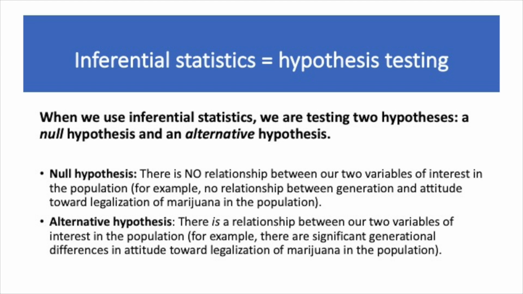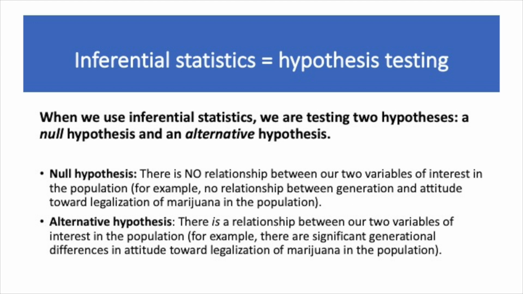Let's distinguish between these. A null hypothesis is, let's say we're doing a bivariate test of correlation, when there is no relationship between our two variables of interest in the population. Okay? So for example, if we think about the previous example we were just looking at, the null hypothesis would be that there is no relationship between generation and attitude toward legalization of marijuana in our population.